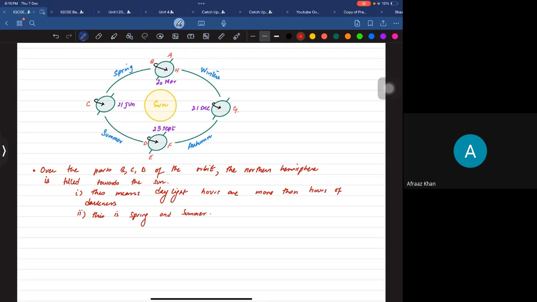Now, if you're confused about this northern southern hemisphere, the earth is tilted a bit. So this section is the northern hemisphere and this section is the southern hemisphere. As you can see, a majority portion from here to here is tilted towards the sun. So that is the reason that it's hotter here.